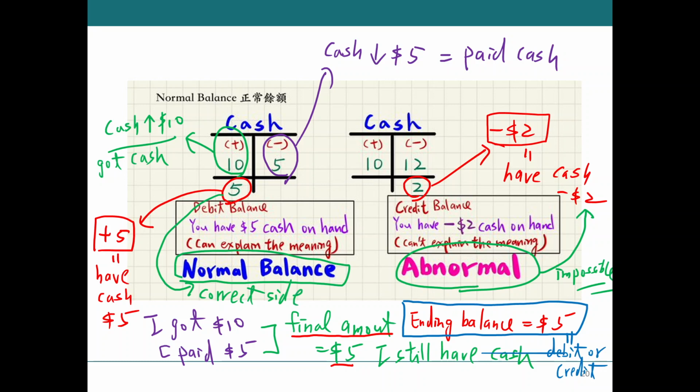Your ending balance for cash should be on debit side. If you find out ending balance, final amount on credit, double check it again. You should recompute your numbers because pretty sure you did something wrong, okay? So that's how we do a double check.